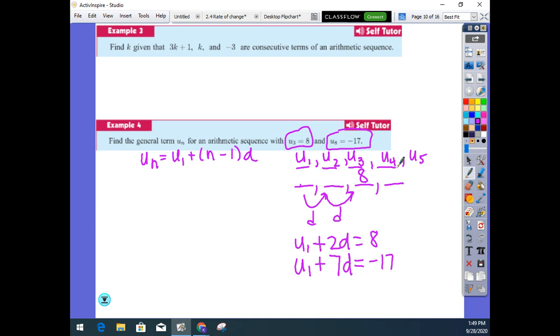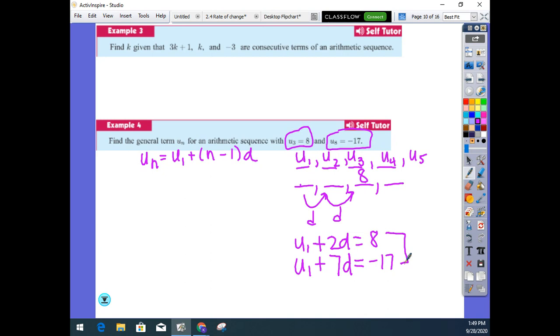Now, do you notice I now have 2 equations with 2 of the same variables? Think back to Algebra 2, and we'd want to solve this with systems of equations, and I would just use elimination.